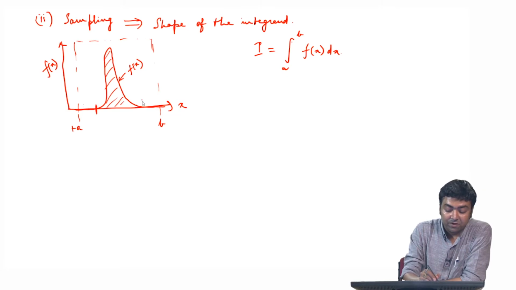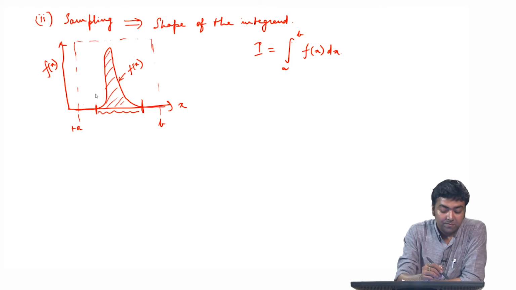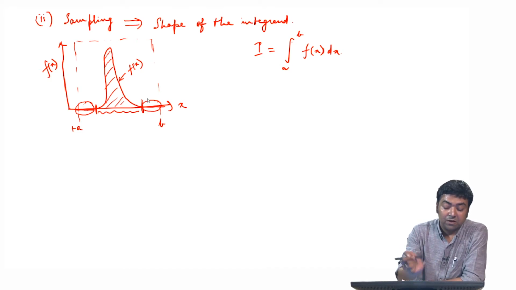The rest of the part, the function has a 0 value. So, the area under the curve defined by this schematic function is 0 for these two regions. It is only non-zero for this shaded region.